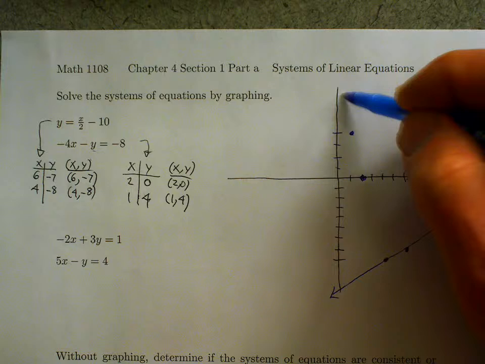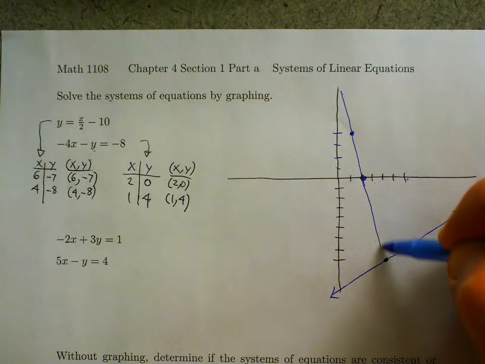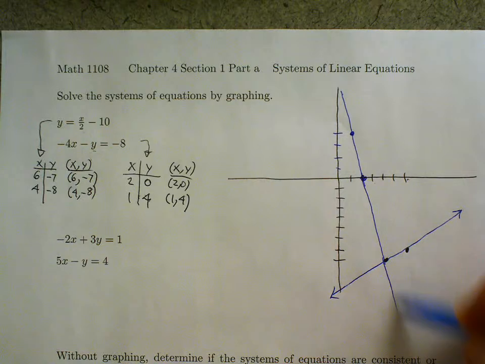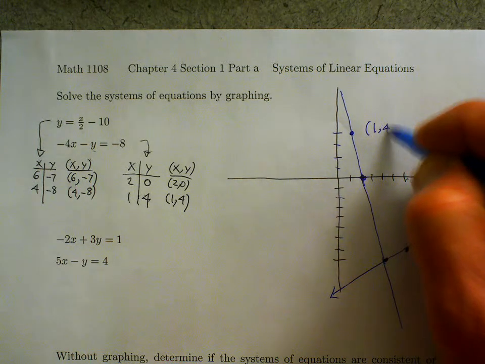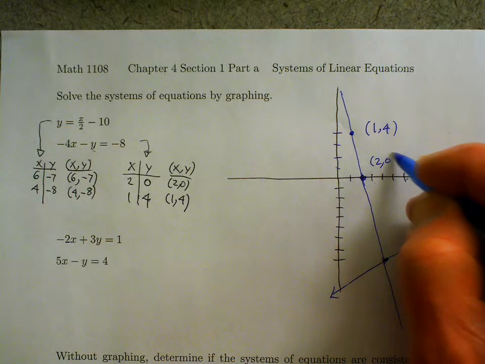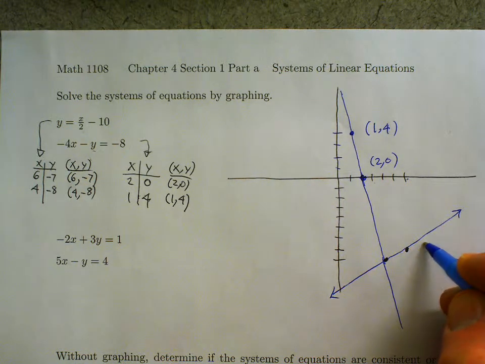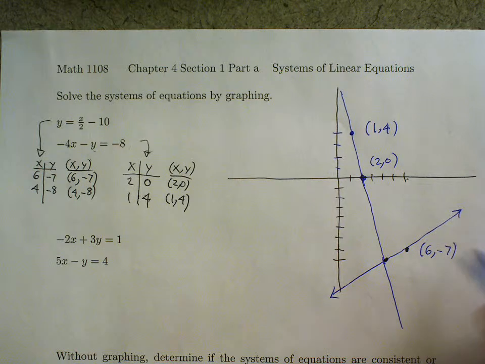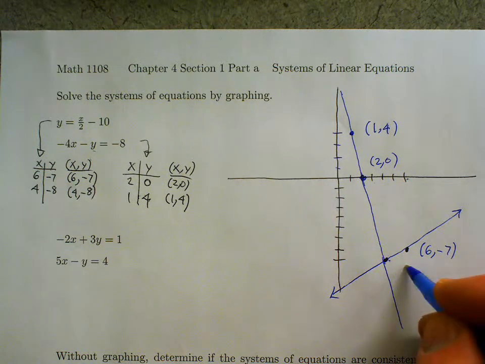And then draw a straight line through those 2 points. So this ordered pair is 1, 4. This one is 2, 0. This one's 6, negative 7. This point is 4, negative 8.